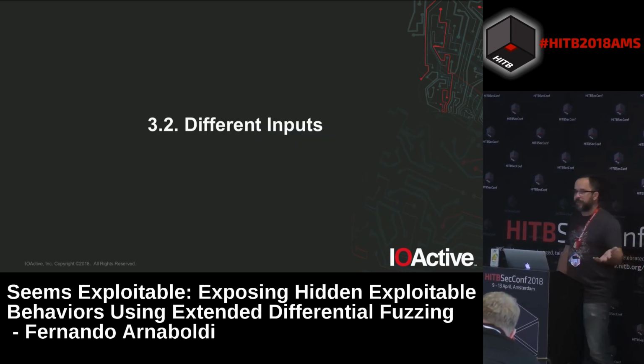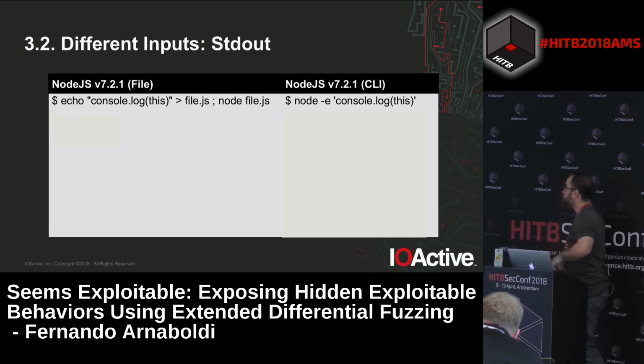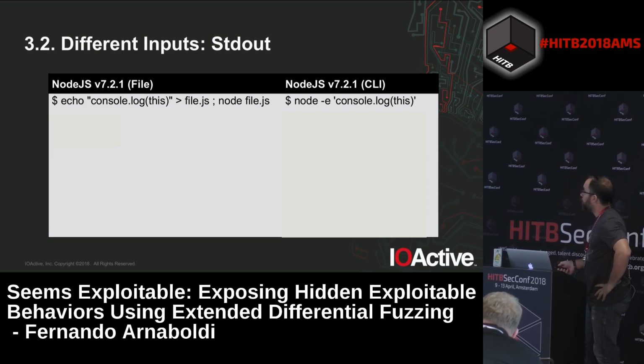We talked about different implementations. Now let's talk about the same piece of software, but changing the input. This is weird, but Node helps us with this. The first line shows that we are writing the command console.log and this between parentheses into the file.js, and we're executing that file. The input in here is going to be a file.